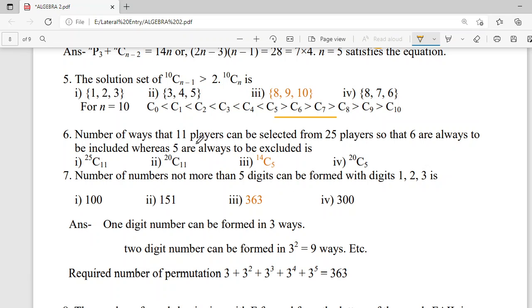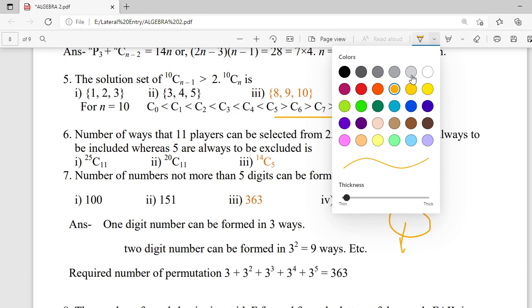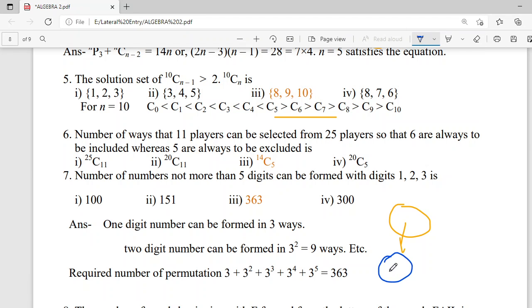Then number of ways, 11 players. Now it is simple, 25 players are there, so you omit 6 that are always there. From this you are choosing 11. In the 11, 6 are always there, so only 5 you have to choose.